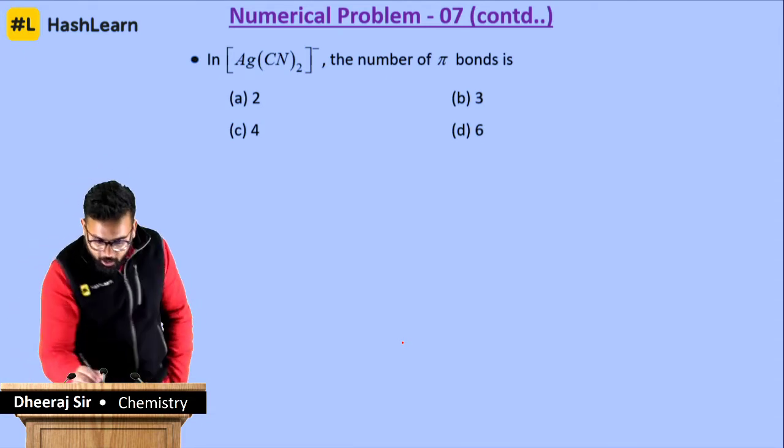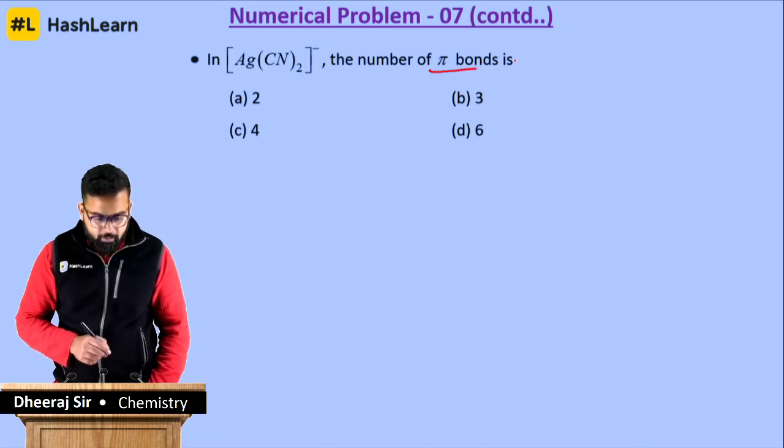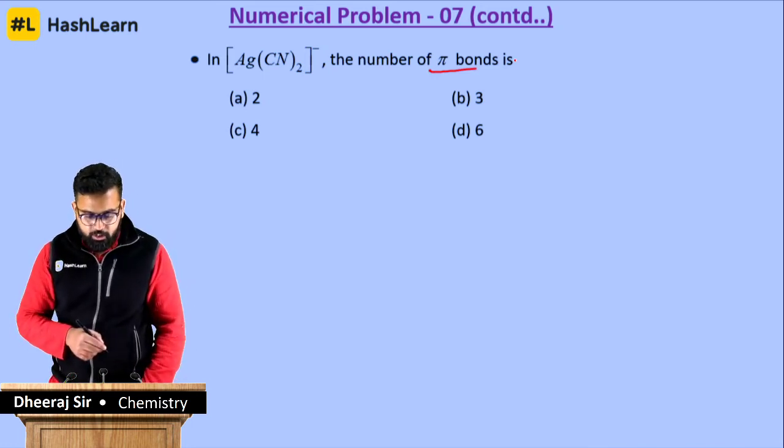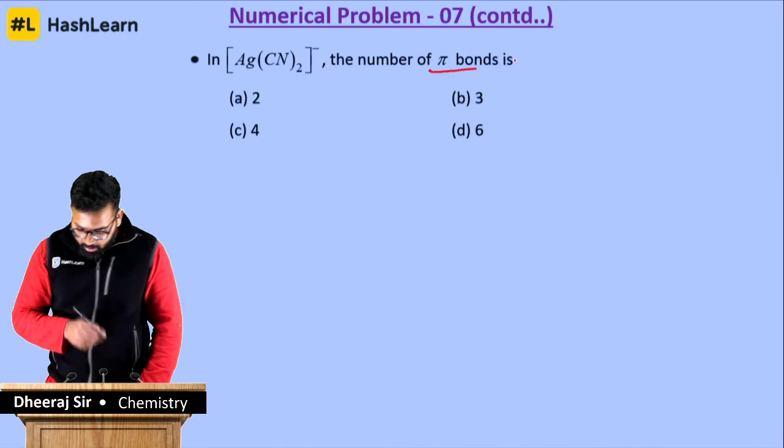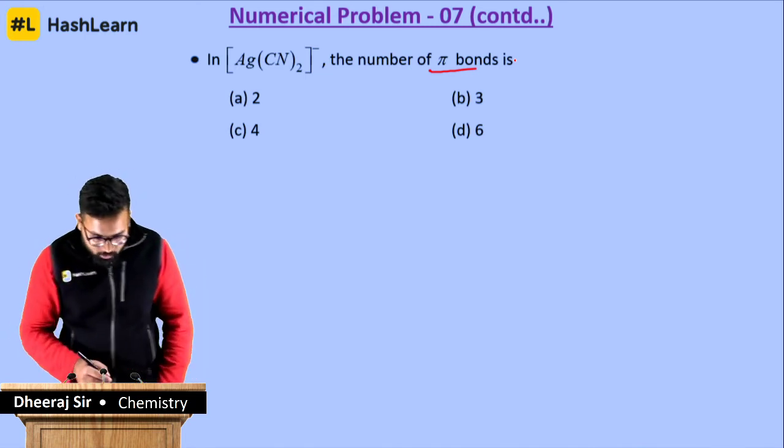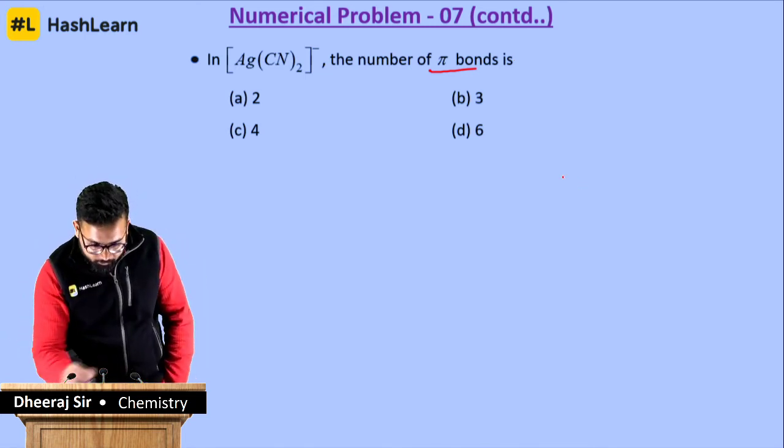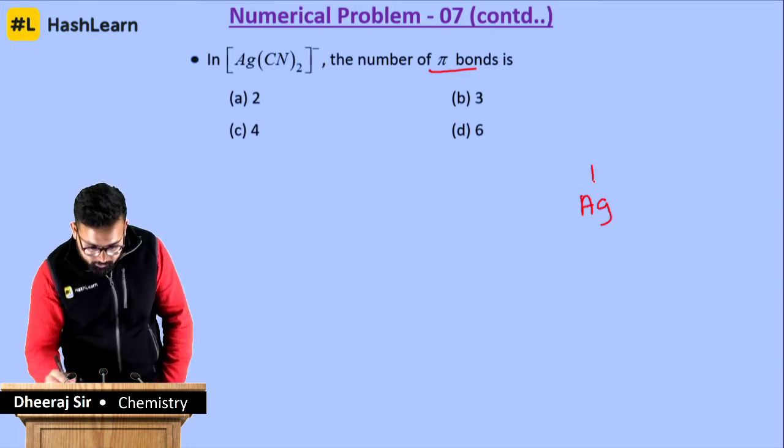We are asking how many pi bonds are there. To know the number of pi bonds, you just have to break the molecule into atomic scale. So let us say you have Ag and there's a simple bond.